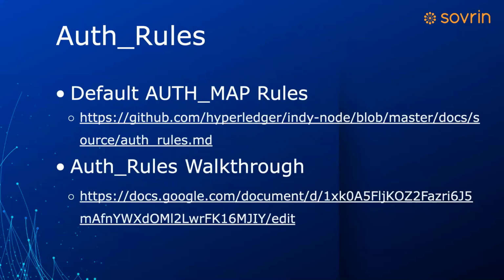Someone became concerned with the governance of our network when they noticed that 3 trustees were required to do a couple of the really serious actions by default on our MainNet, on all of our networks. And somebody said, well, one trustee can create another trustee, so why are you requiring 3 trustees to do this other action?